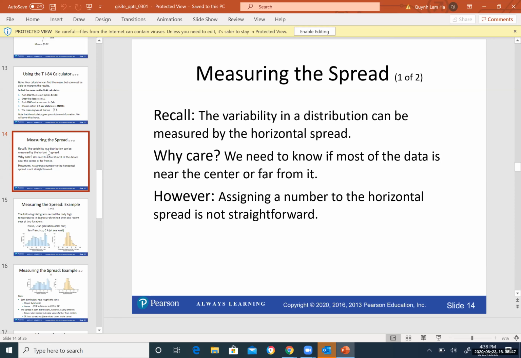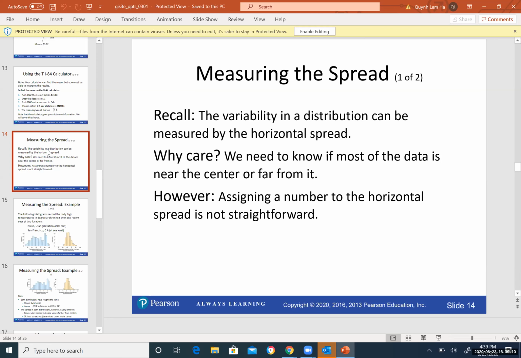So let's recall, the variability in a distribution can be measured by the horizontal spread. Why do we care? Because we need to know if most of the data is near the center or far from the center.